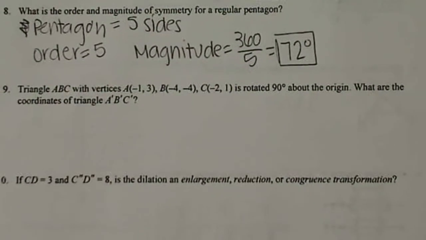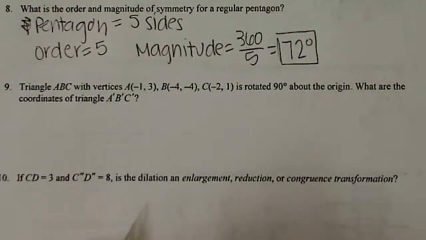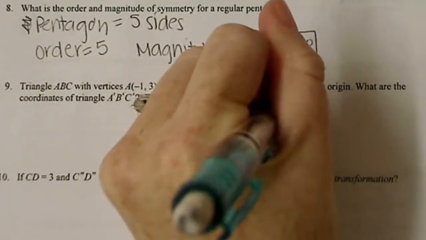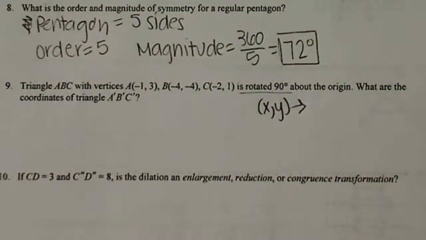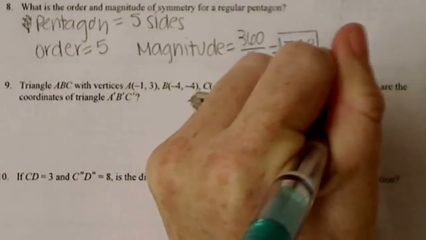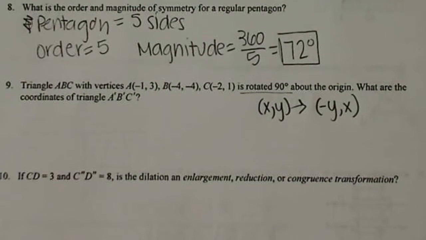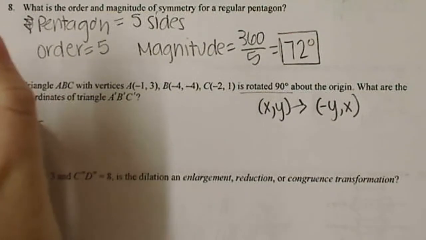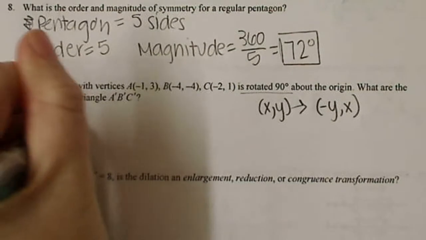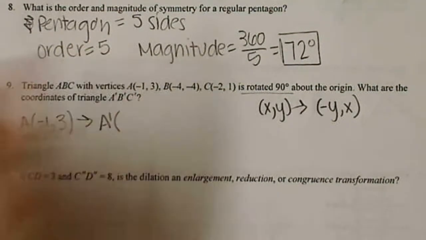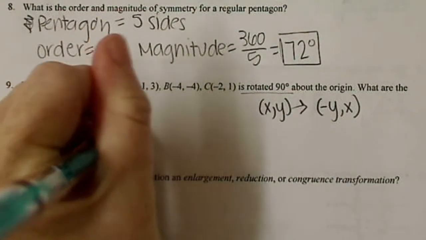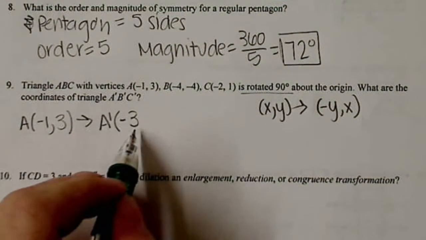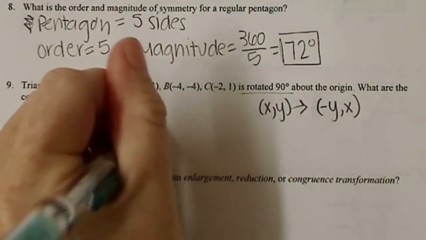Number 9, we are going to rotate this 90 degrees. So what happens when they rotate? They switch and y becomes negative. So let's take point A, negative 1, 3, and it becomes negative 3 because they switch and y becomes negative, negative 1.